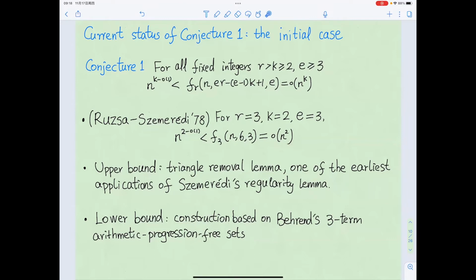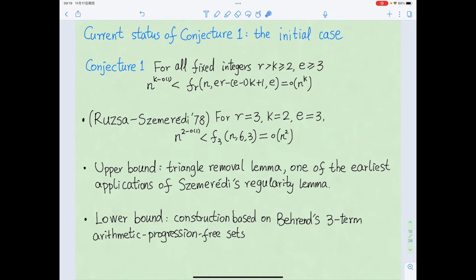And one can construct such a (7,3)-free graph with many edges, so the lower bound is n to the power 2 minus little o of 1. The upper bound is solved by the triangle removal lemma, which is one of the earliest applications of the Szemerédi regularity lemma, and the lower bound is solved by a construction based on Behrend's 3-term arithmetic progression free sets.